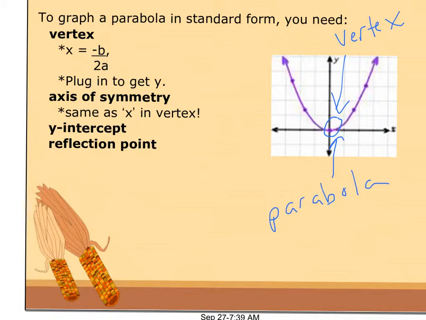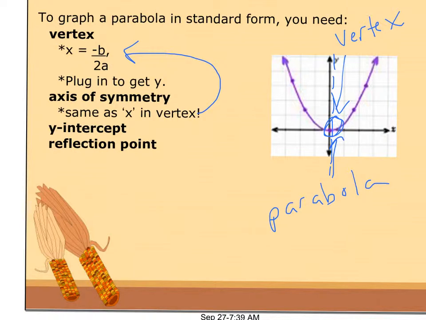The axis of symmetry, which is this vertical line that goes right down through the middle and splits it into a mirror image on either side, is equal to the x value of the vertex because the axis of symmetry goes right through the vertex. So those two pieces are very much related.